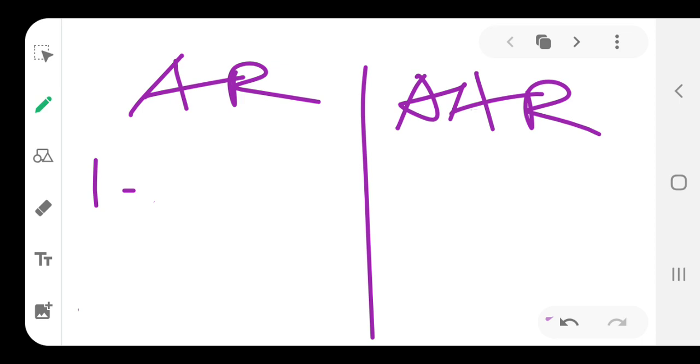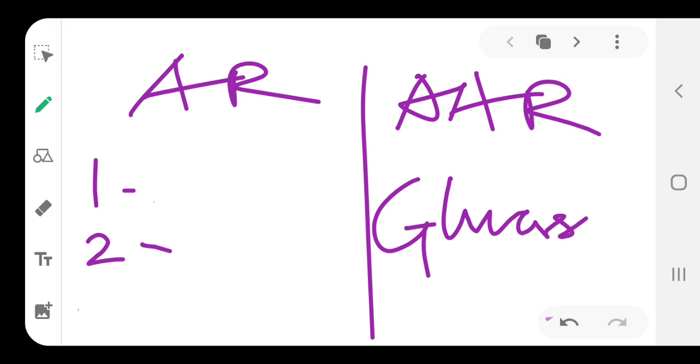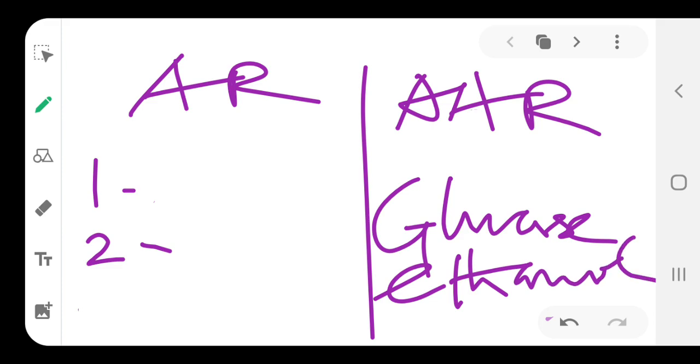Write in brief, and afterward you elongate it. On the other side you write: in the absence of oxygen. Second point, for aerobic respiration, glucose is completely broken down to produce energy, carbon dioxide and water. On the other side, glucose is partially broken down, incompletely oxidized to form ethanol, check the spelling from the book, and lactic acid.